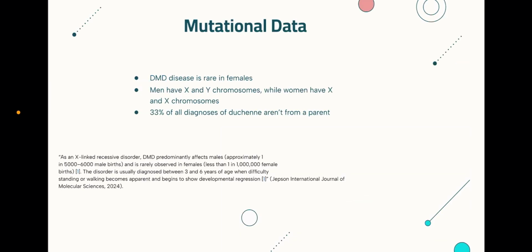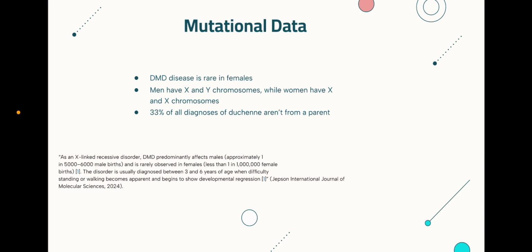DMD is more common in males than females, which is really interesting. The reason for that is that men have X and Y chromosomes while women have X and X chromosomes.